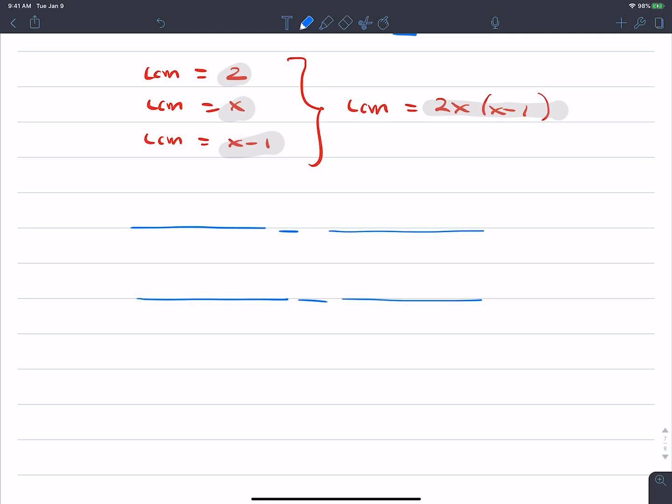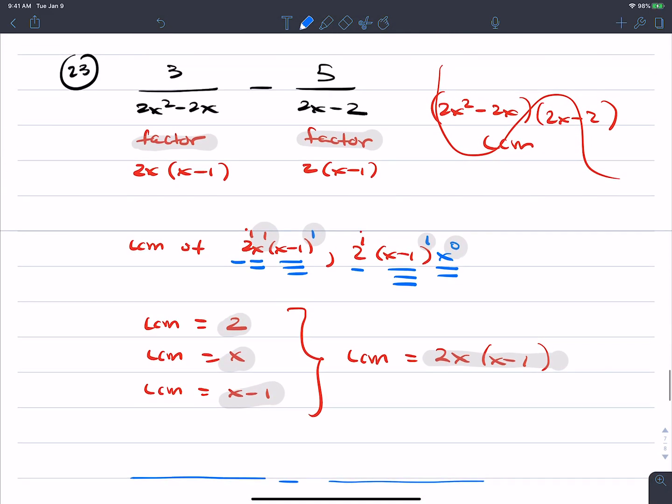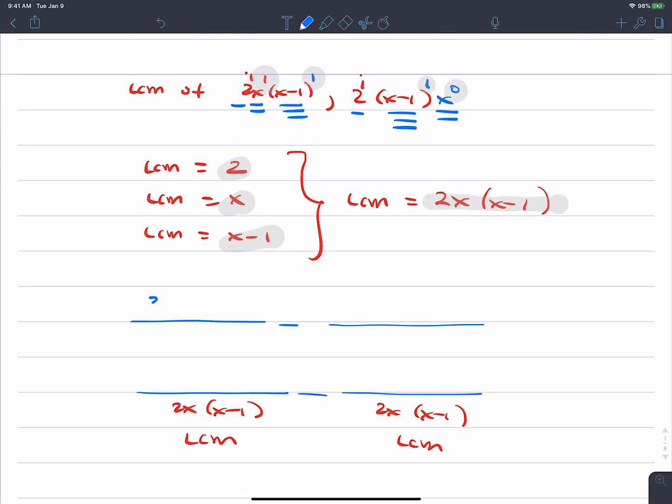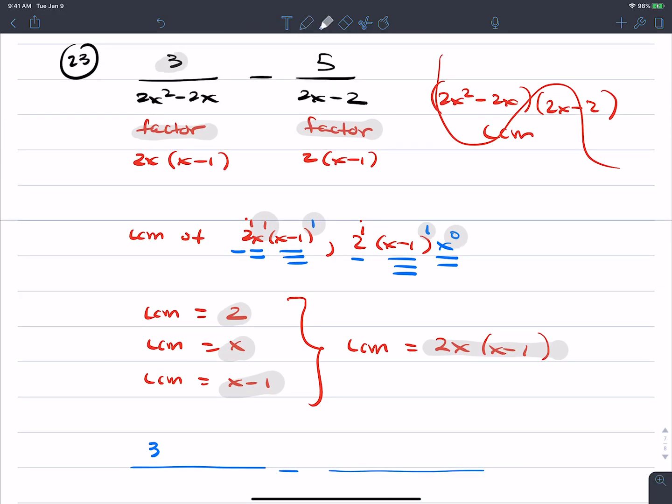So we put the LCM in the denominator here. 2x times x minus 1, the LCM. All you have to do again is copy the numerators. 3, and I'm going to keep this 3 here, and I'm going to use this denominator, 2x times x minus 1.